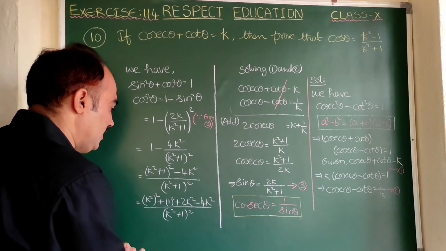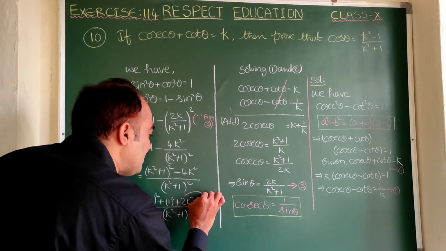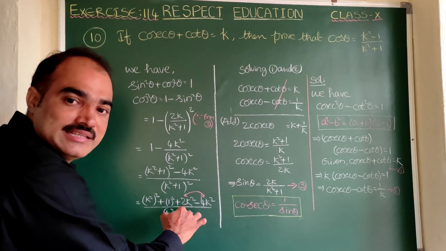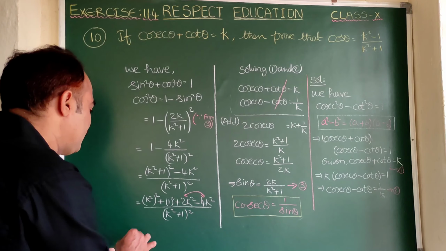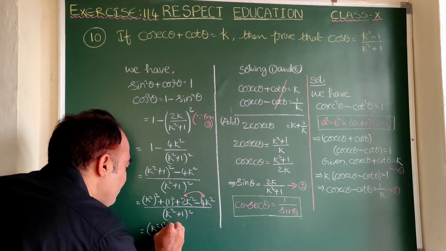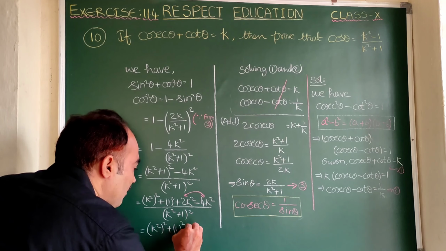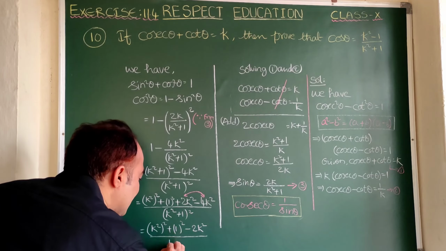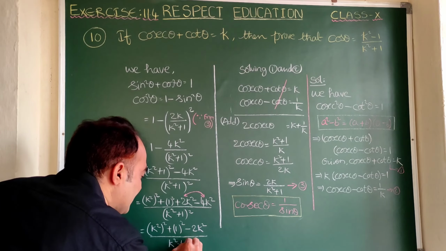Now observe carefully: 2k square minus 4k square, 2 minus 4 is minus 2, so we can write minus 2k square. So let us rewrite it as k square whole square plus 1 square minus 2k square by the denominator as it is, k square plus 1 whole square. Is it clear?